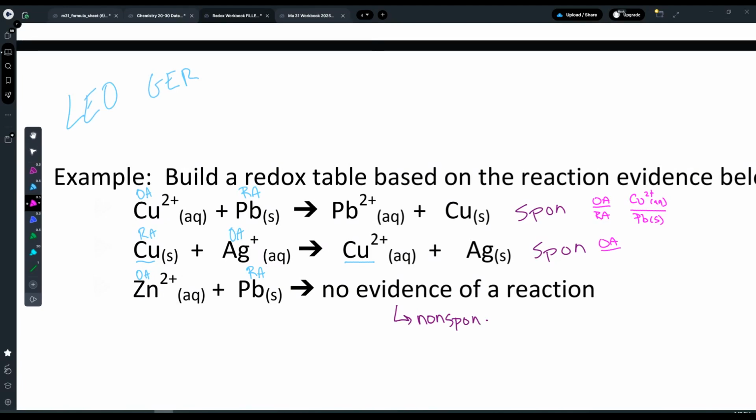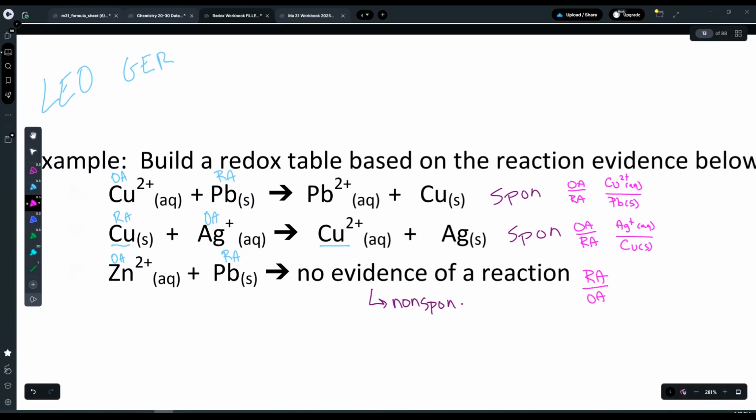The next reaction was also spontaneous, so OA above RA. Our OA was silver 1+ ions, and our RA was copper solid. For the last one, since it was non-spontaneous, the RA is above the OA. So lead is above zinc 2+.